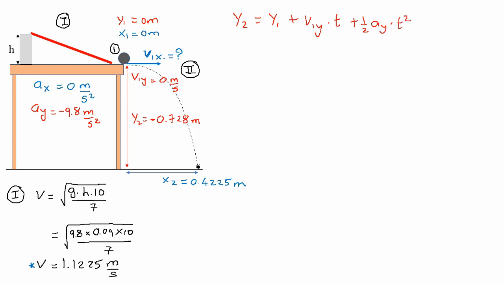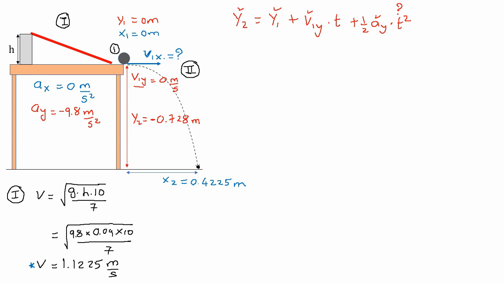This here is a kinematic equation. y2, y1 as we know, okay. v1y we know is not dropping yet at the beginning of the trip. ay we know, and time we need to calculate. Okay, so this is part 1.